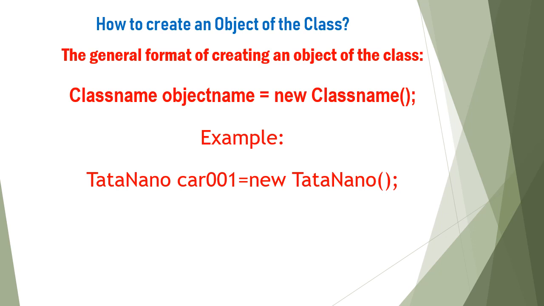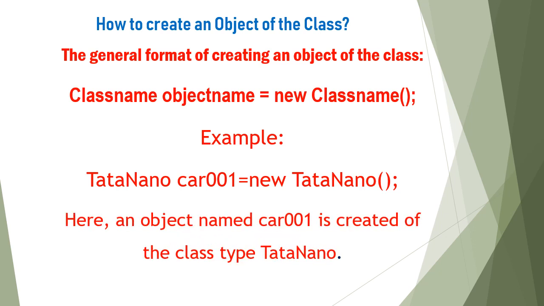Here, an object named car001 is created of the class type TataNano.